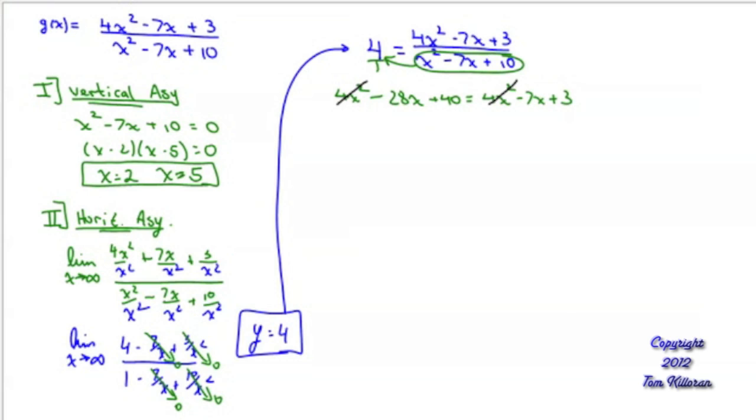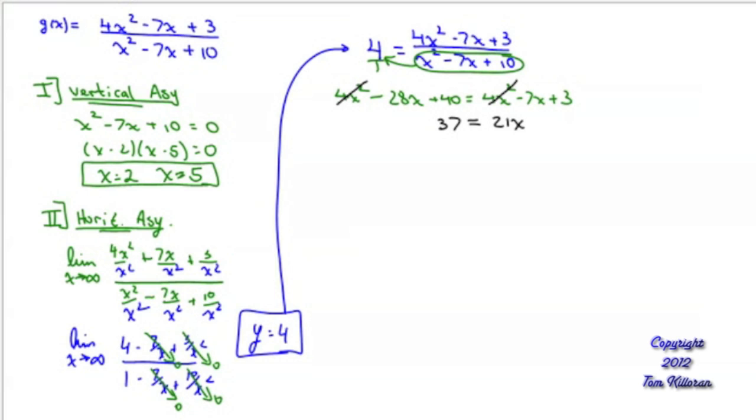So this is going to be negative 7 plus 28, so that gives you 21x on this side. And then that's going to be 3 minus 40, which is negative 37. You move the 28 to the right, you move the 3 to the left, and 40 is bigger.